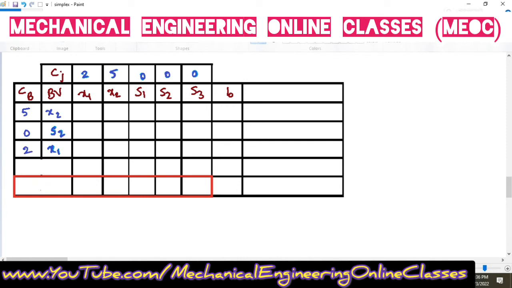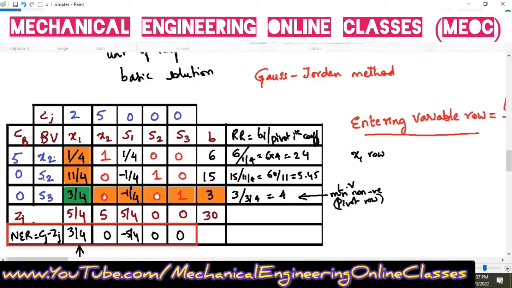Now first let us write the entering variable row, that is the x1 row. The x1 row is equal to our old s3 row divided by the pivot element. That means it is 3 by 4, 0, minus 1 by 4, 0, 1, 3.